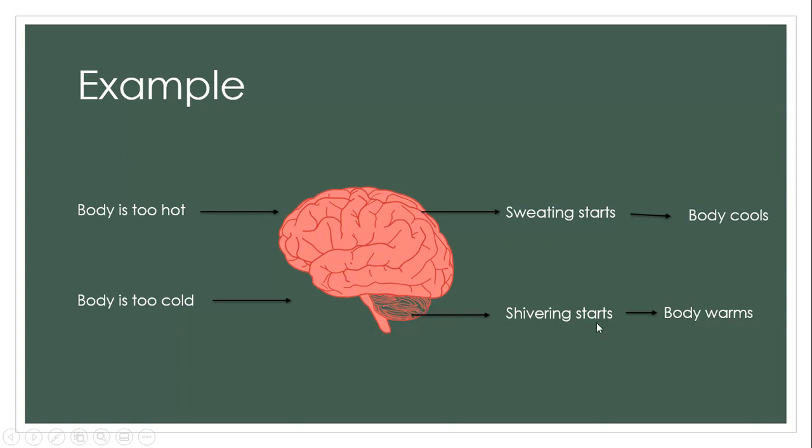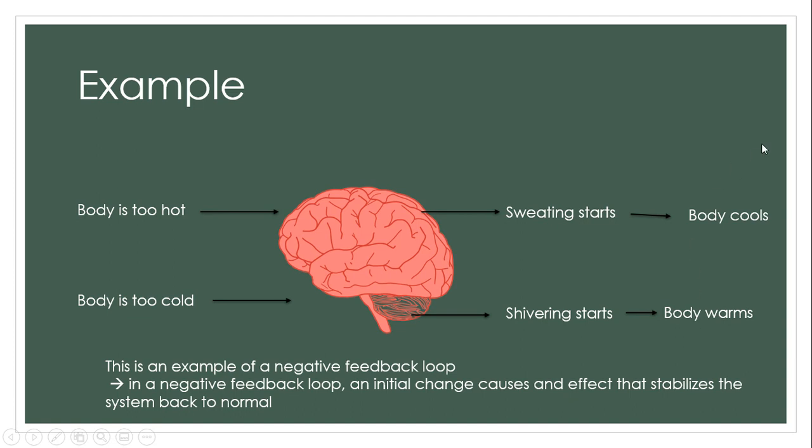The brain says let's start shivering, and then the body warms up. This is an example of a negative feedback loop. In a negative feedback loop, an initial change causes an effect that stabilizes the system back to normal. So in this case, we're going from hot to cool, like let's cool down, let's go back to normal. That's a negative feedback loop.